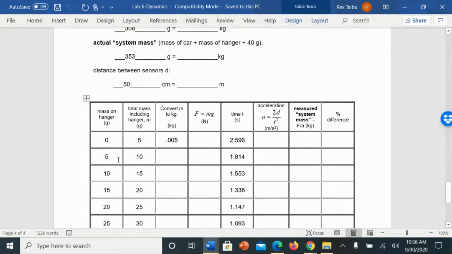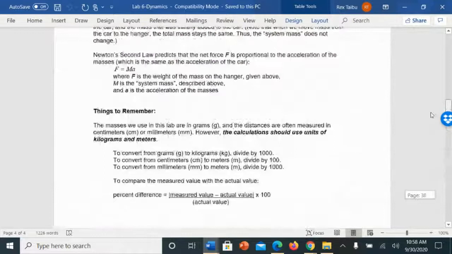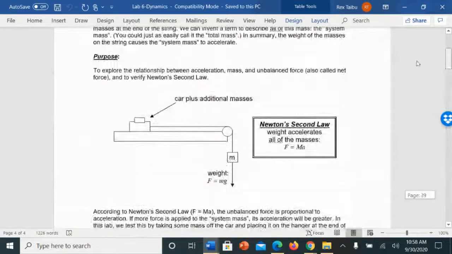Go to the second row. Okay, we put mass 5 grams on the hanger now. The hanger has 5 grams, 5 plus 5 total. So 10 grams now is accelerating the system. This 5 is taken from the main car. So we borrow it from here.